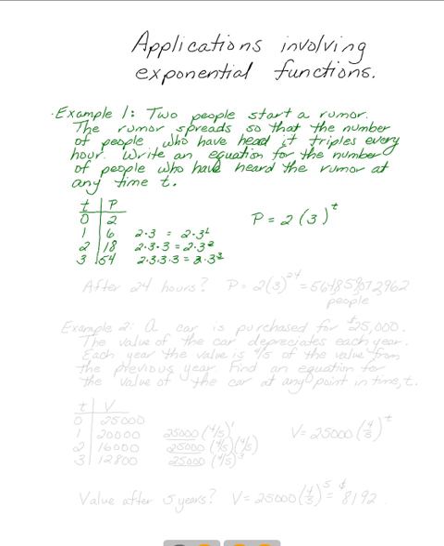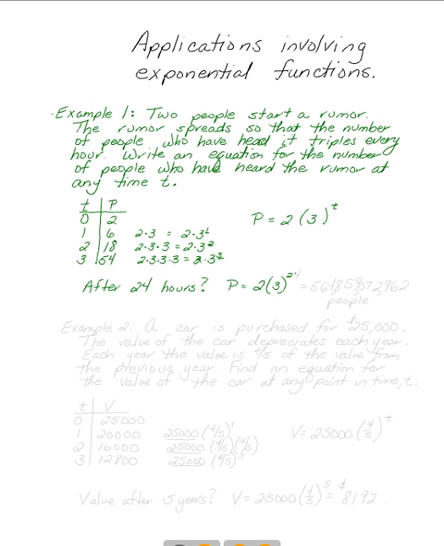Now this will give us a way to find the number of people that have heard this rumor at any point in time. So if we were interested in finding the number of people that knew this rumor after 24 hours, what we would be doing is finding p, where t is 24 hours.